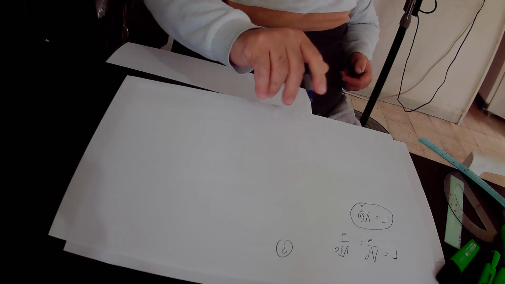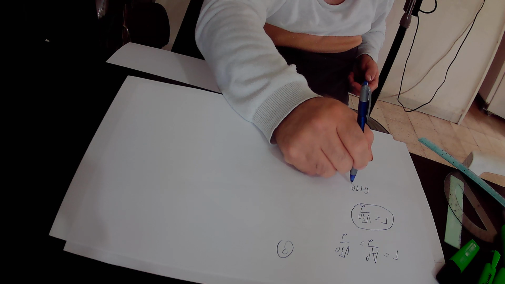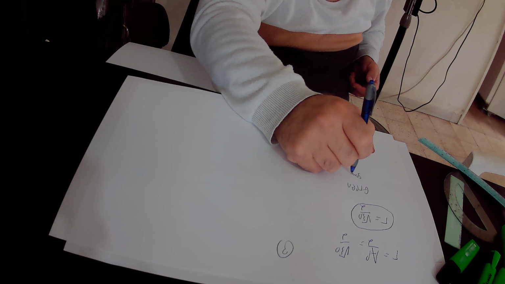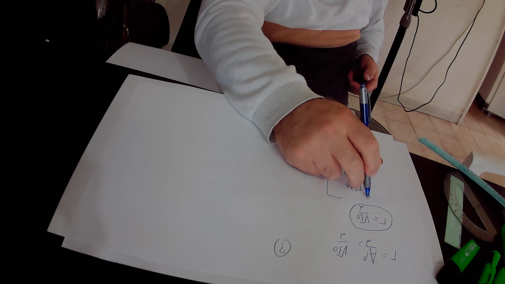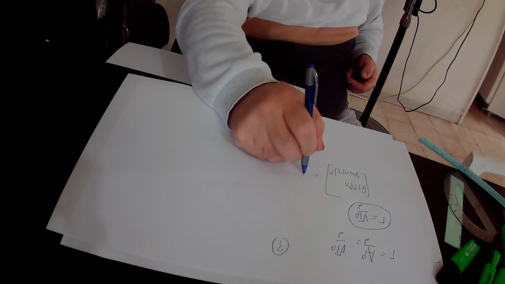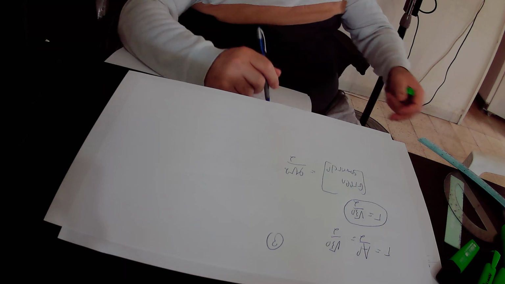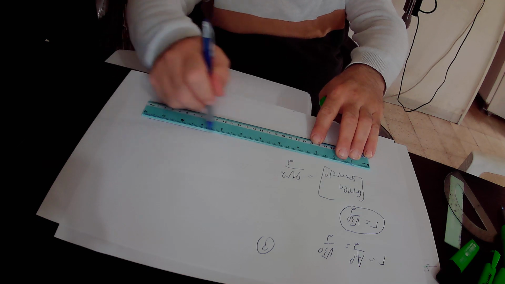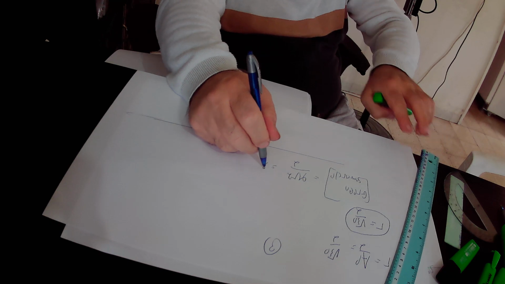The area of the green semicircle equals pi r square over 2. So the area of the green semicircle equals pi times r square, over 2.